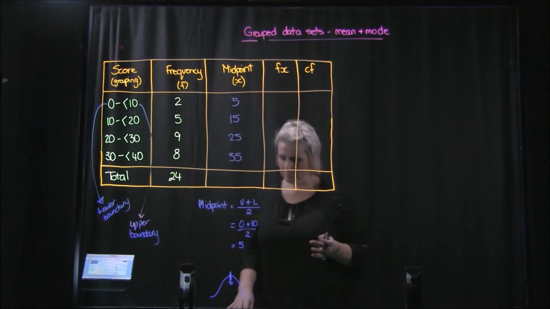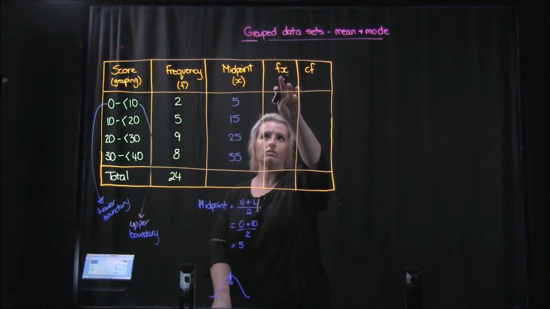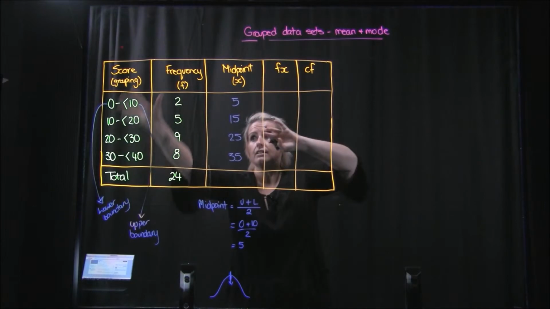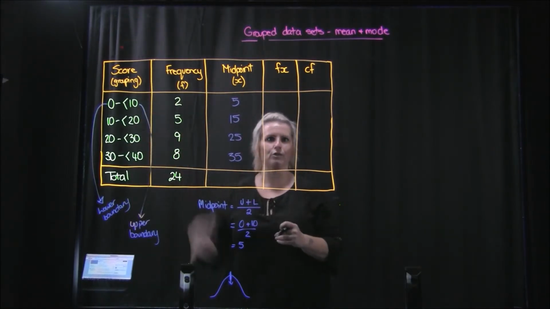Okay, so once we've got our midpoints, we can look at doing our FX column. So that's the frequency times the X, which for grouped data is not our score, it is our midpoint. Because we need that single digit, we can't use a group.